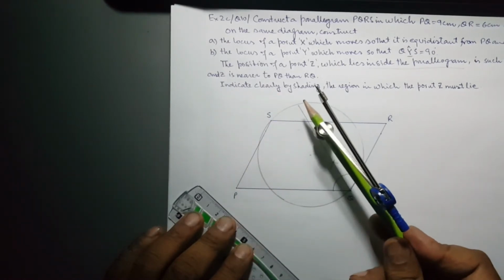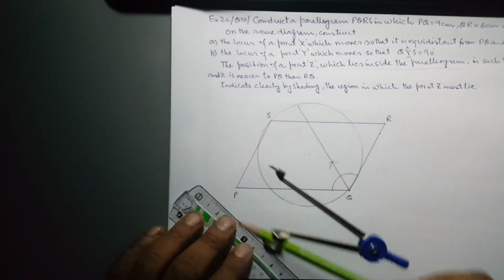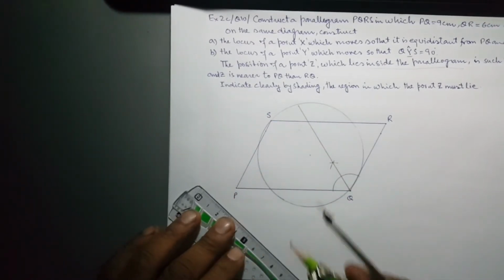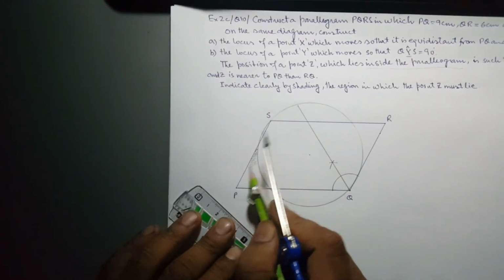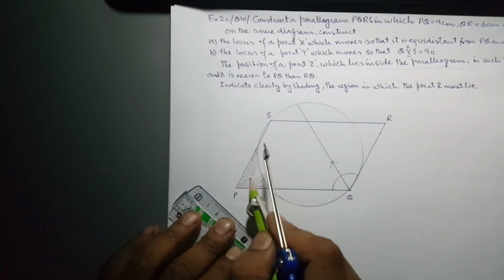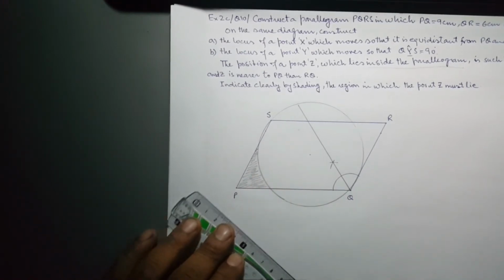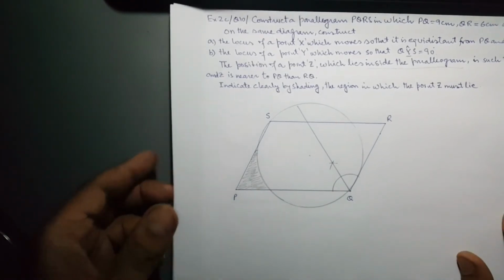This one is the angle bisector. We should remain nearer to PQ. So inside the parallelogram, outside the circle, and nearer to PQ. This one is the required region described by this question.